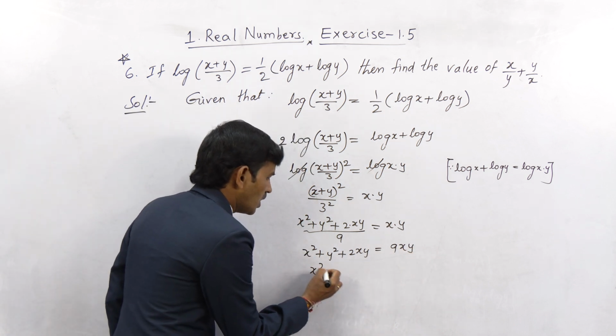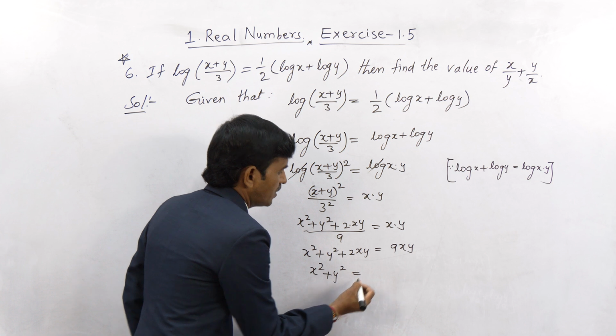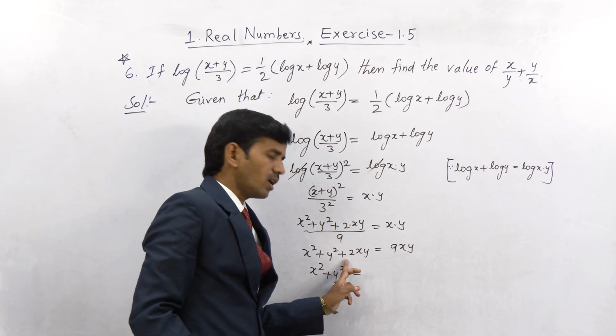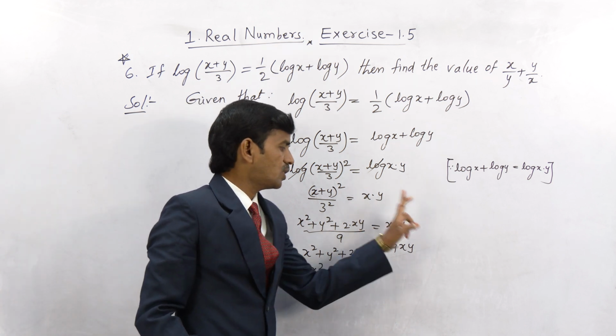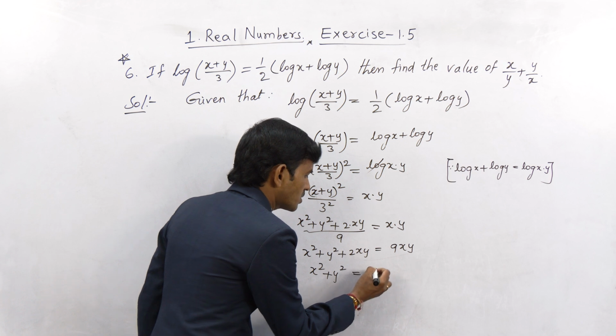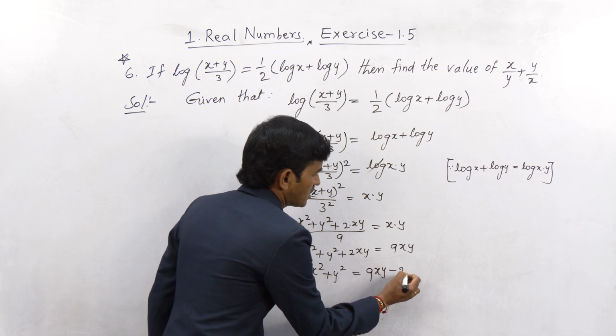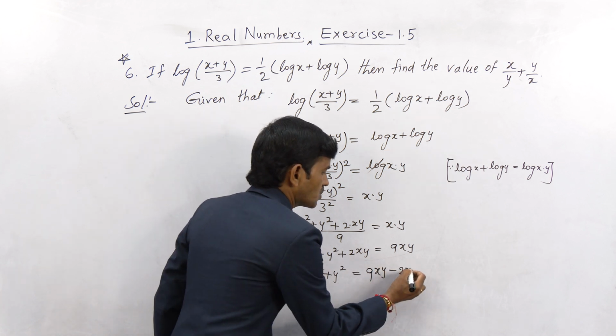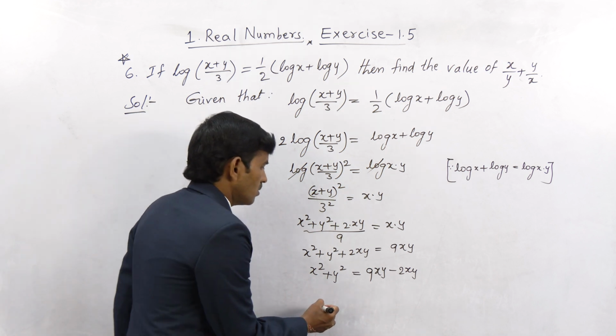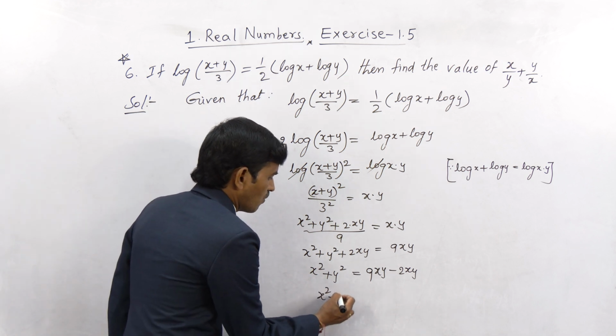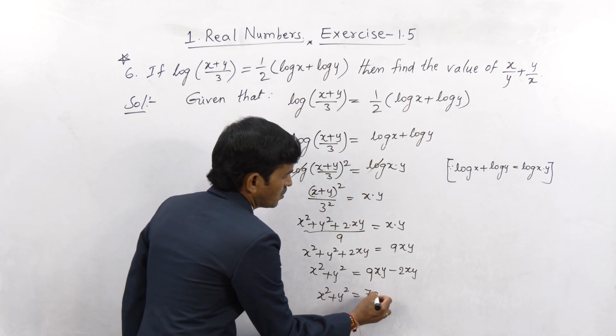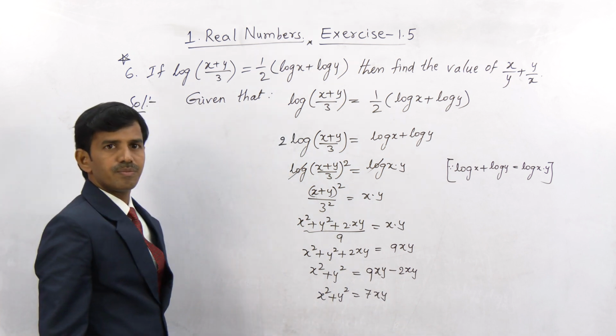Now, if we transfer 2xy from the left side to the right side, it becomes minus, that is 9xy minus 2xy. So x square plus y square is equal to 7 times xy.